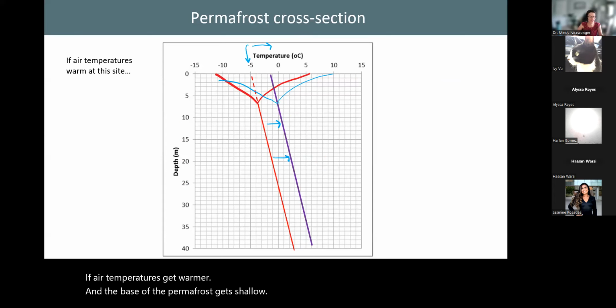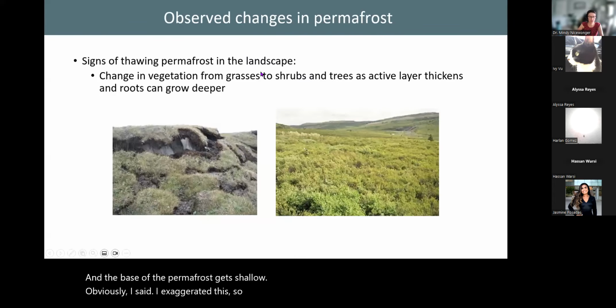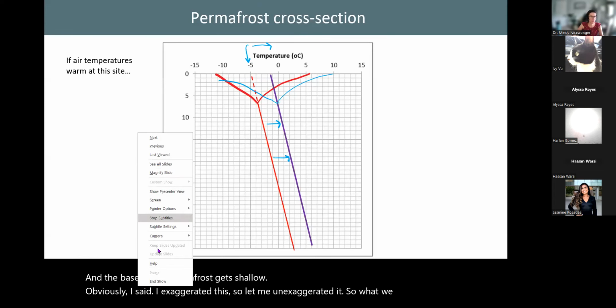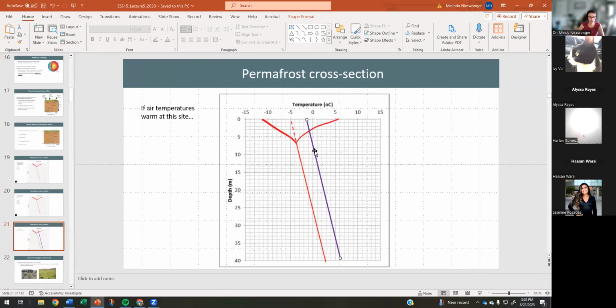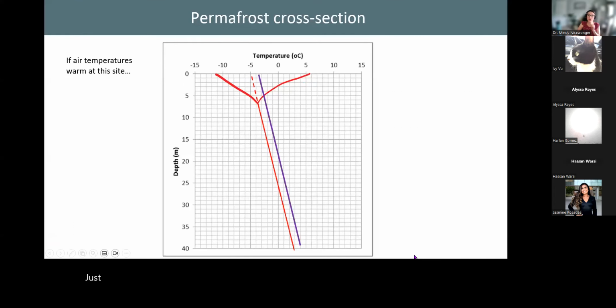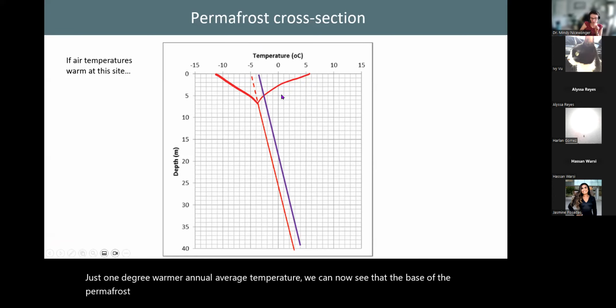Now, I said I exaggerated this, so let me unexaggerate it so that we can do a better example. I'll just put a line here. If we do something more like this, even just 1 degree warmer annual average temperature, we can see that the base of the permafrost, this whole thing, is going to change.